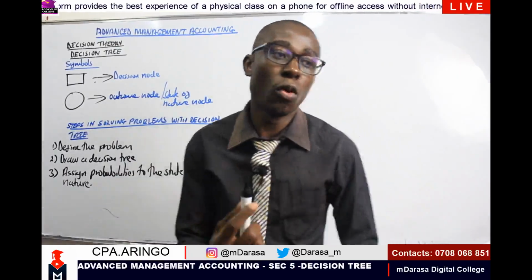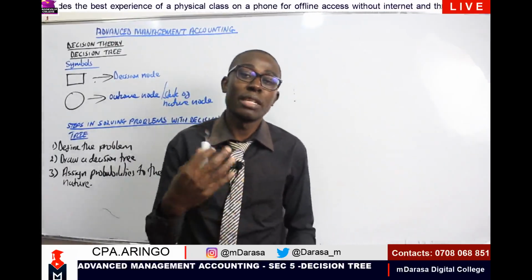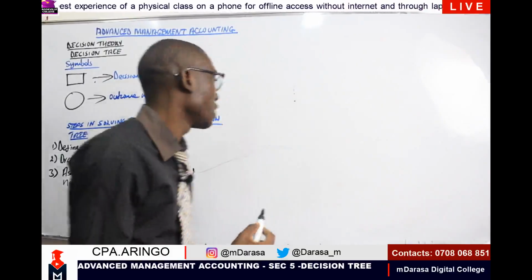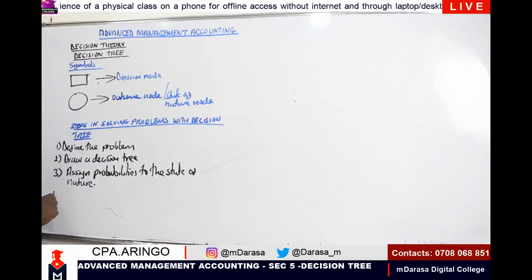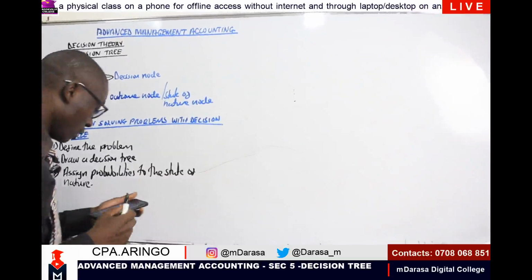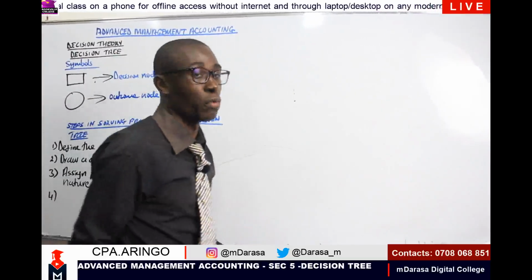Then step number four that you must always have at the back of your mind when you are dealing with a decision tree is, we need to estimate our payoffs.